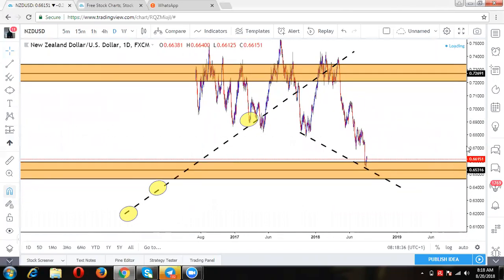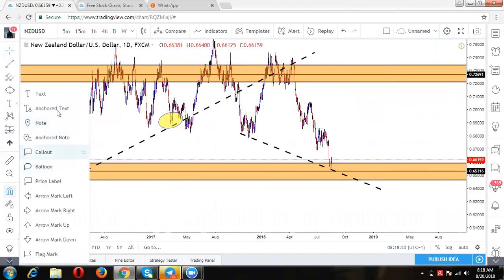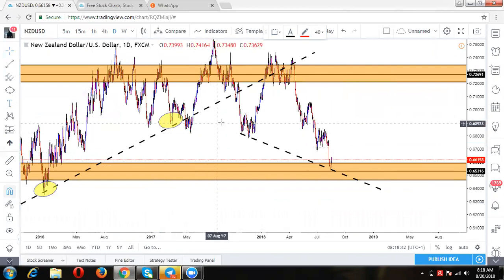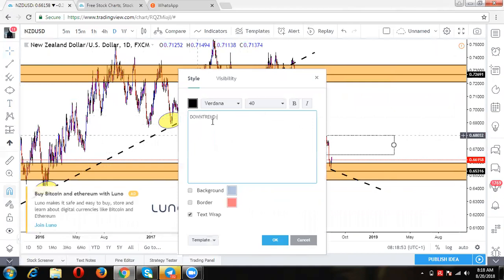Now, a downtrend is characterized by forming lower highs and lower lows. Then the uptrend forms higher highs and higher lows.